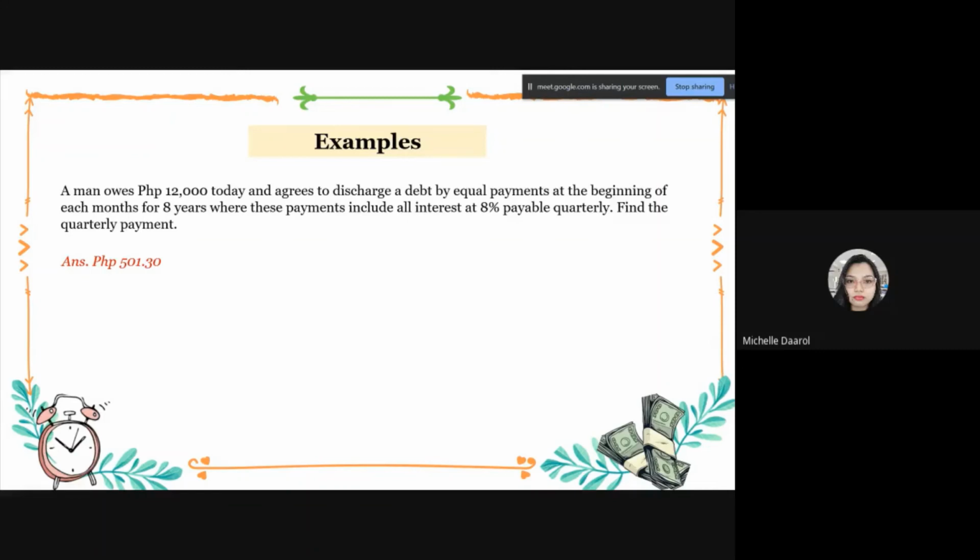So let's write the given para masabtan jud nato unsa ang iyahang mga given. So a man owes 12,000 today, so that's the present or principal amount.